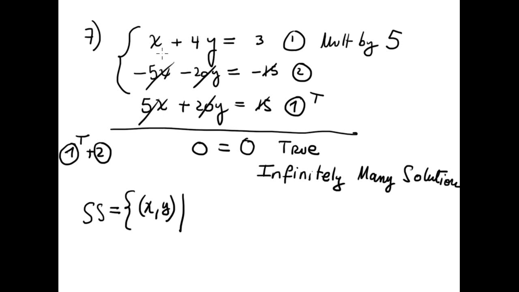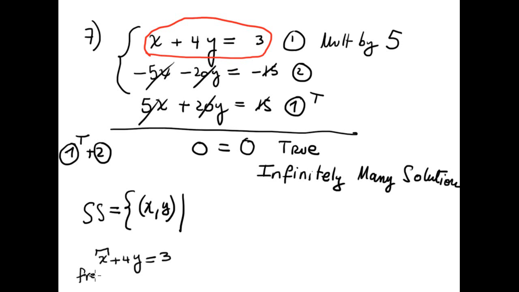So you take the easier equation, for example, you take this, x plus 4y equal 3, and you define, it doesn't matter the order, x is the independent variable. In other words, it's free. You can assign all real numbers here. And y is the dependent variable. So you solve for y.